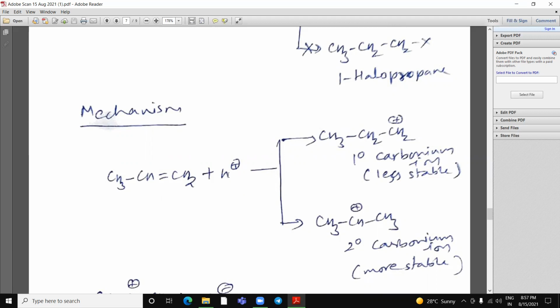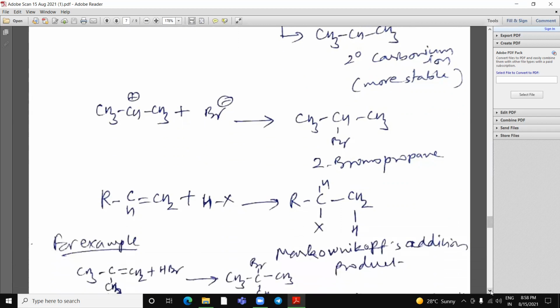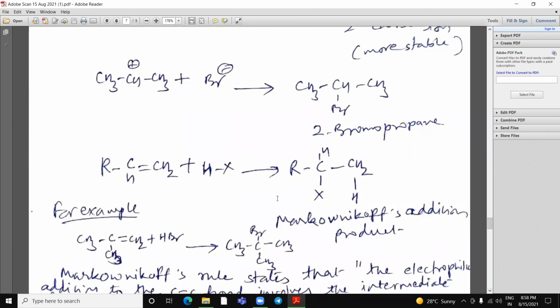If this proton is added to the primary carbon, then we will get the secondary carbonium ion, which is more stable. So in this way, we are getting 2-bromopropane. Then bromide is added, and we will get the 2-bromopropane. So it is called Markovnikov's addition product.